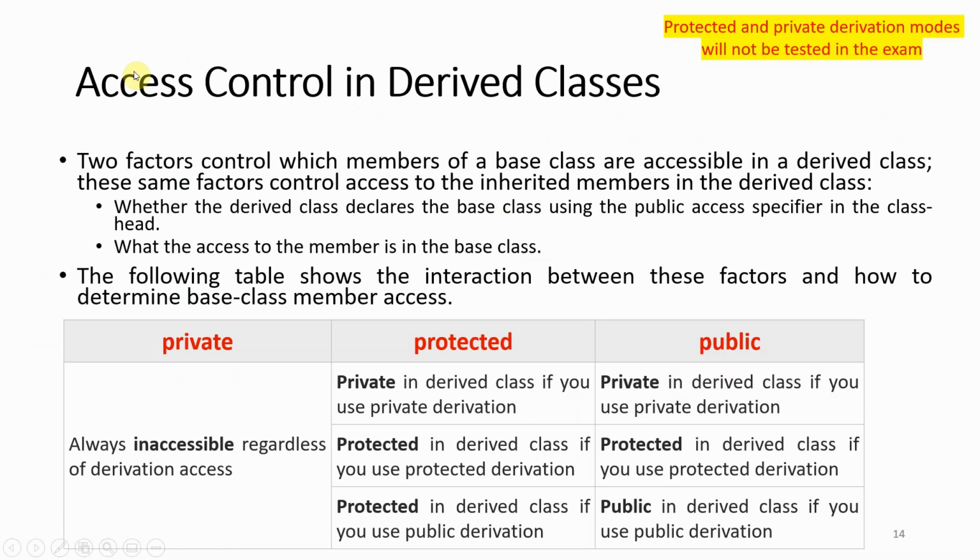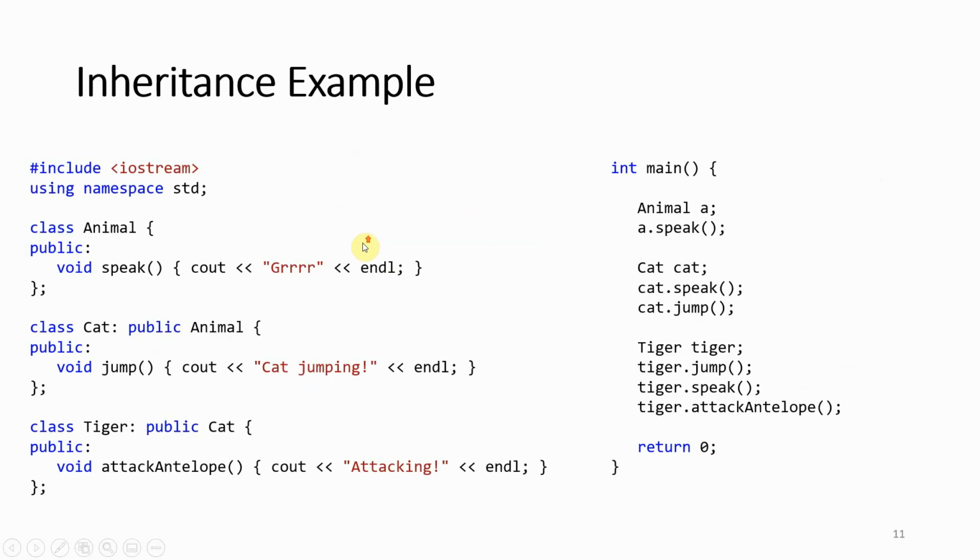Okay, so now we want to talk about inheritance mode, access control in derived classes. Two factors control which members of a base class are accessible in a derived class. These same factors control access to the inherited members in the derived classes. Let me explain this one clearly.